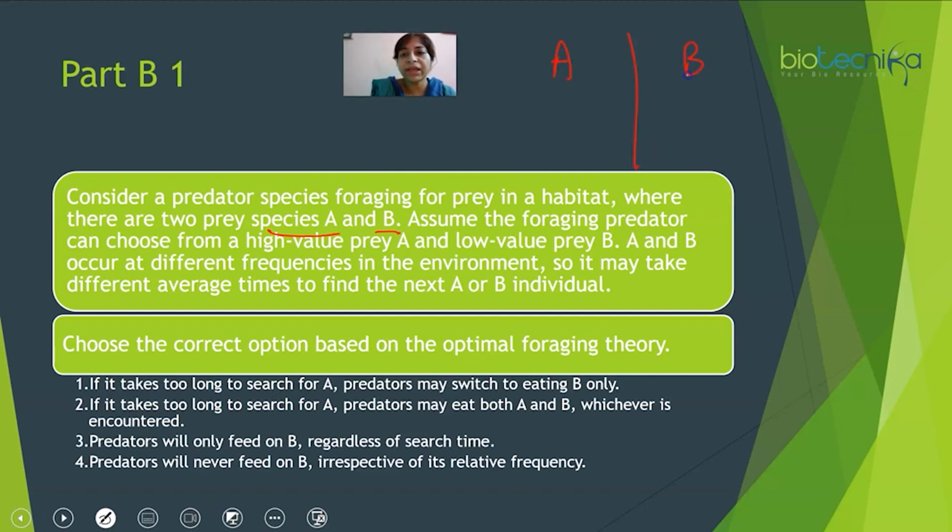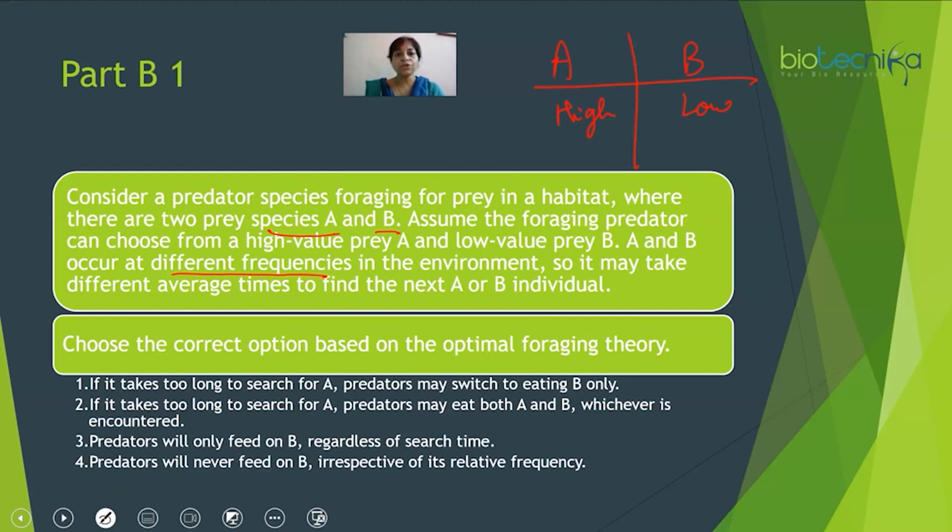So this is prey A and this is prey B. So the energy value that is obtained from A is high, whereas for B it is low. Okay. Now A and B occur at different frequencies in the environment, so it may take different average times to find the next A or B individual. Now from this information, we have to choose the correct option based on the optimal foraging theory.